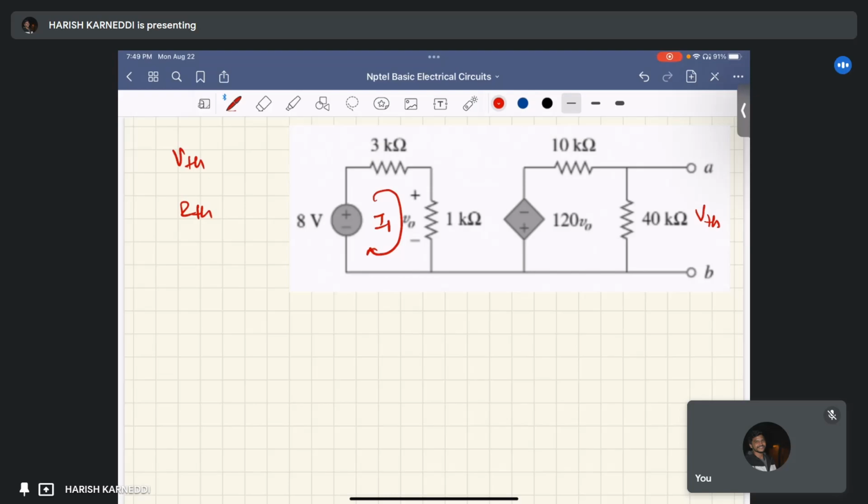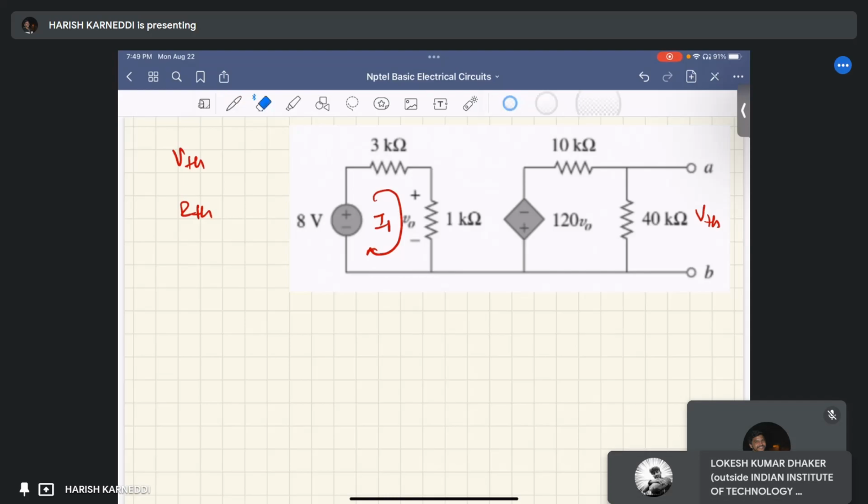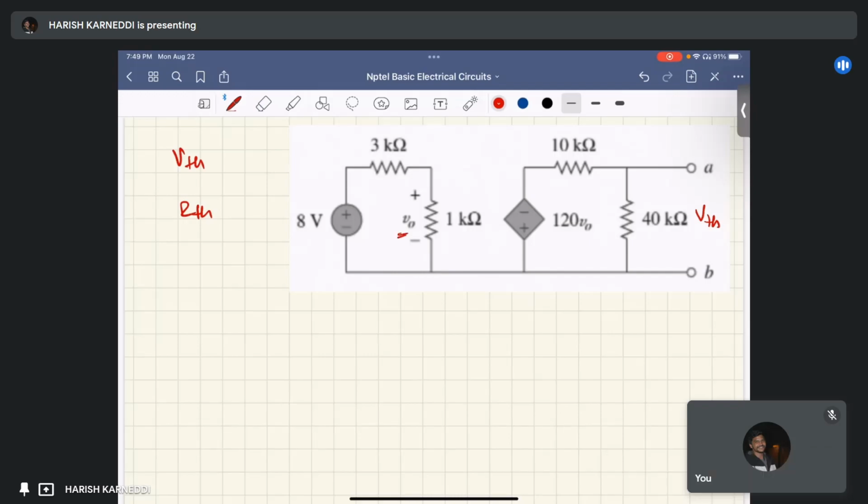Yeah, we can go through the voltage divider rule. We want this V0, so you can apply the voltage divider rule. V0 equals the total voltage, 8 volts, times that resistance, 1 kilo ohm, by the total resistance, 1 kilo ohm plus 3 kilo ohm, right?